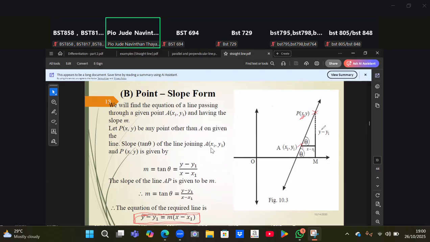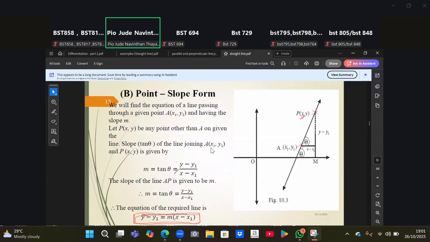So if we have 2 points, we can find tan theta. Tan theta will be opposite side over adjacent side: opposite is y minus y1, over total x minus x1. Therefore, your tan theta will be y minus y1 over x minus x1.